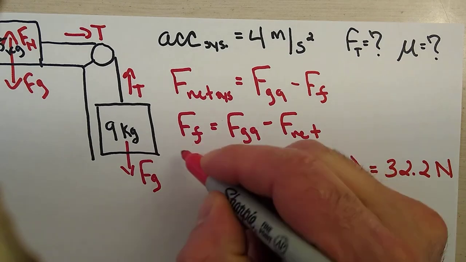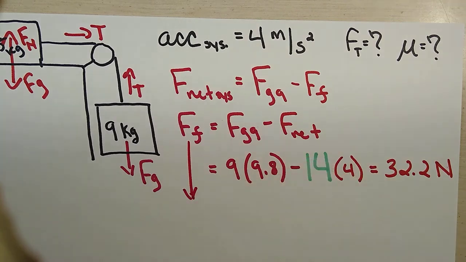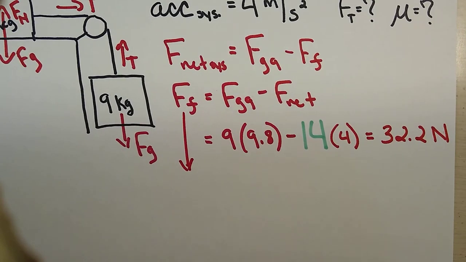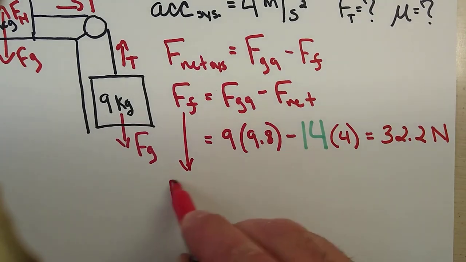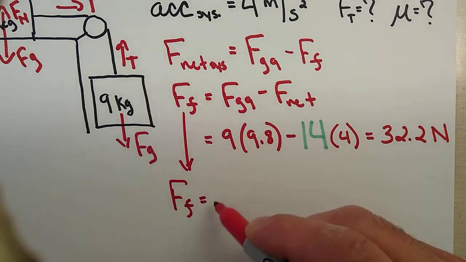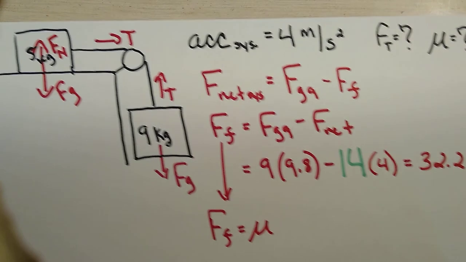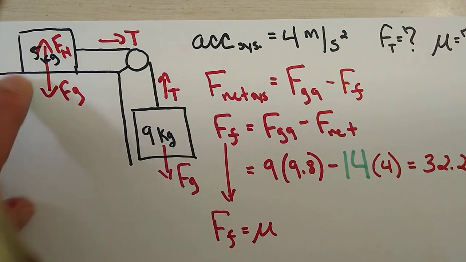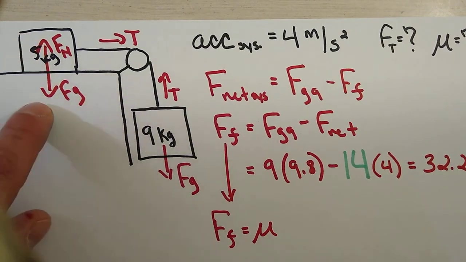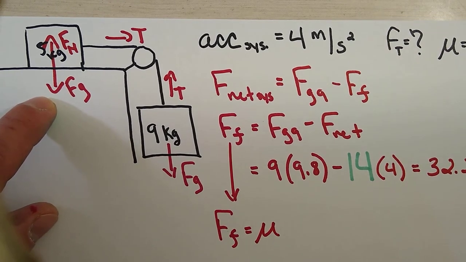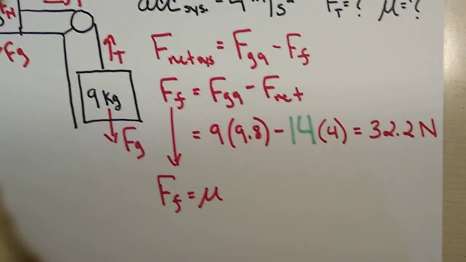And now let's also recall a formula for frictional force. Frictional force is, of course, the coefficient of friction times the normal force. And so what is the normal force? Well, we can see on our diagram here it is equivalent to the value of the gravitational force in this circumstance on that horizontal surface.